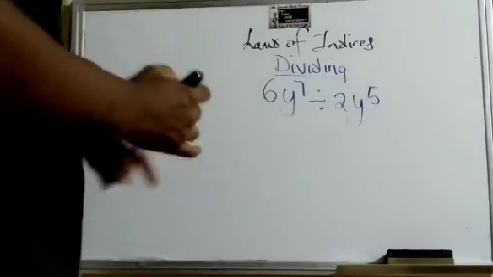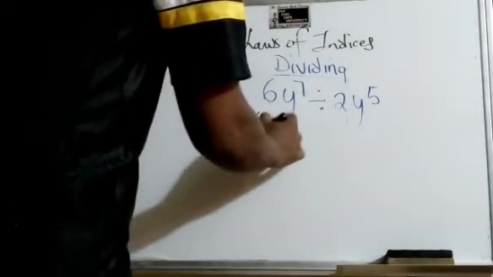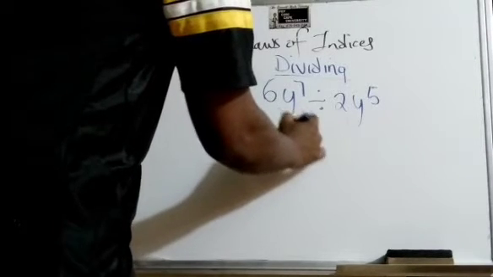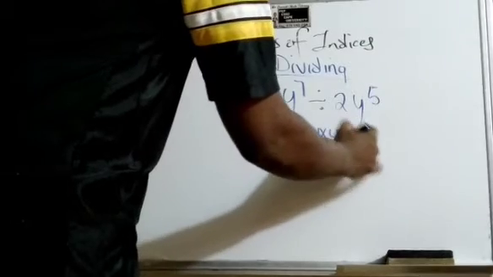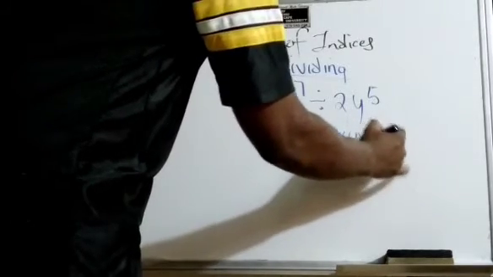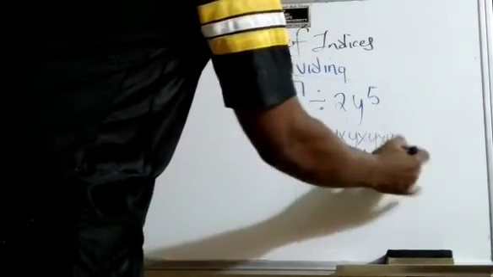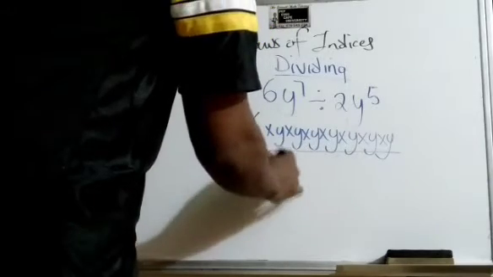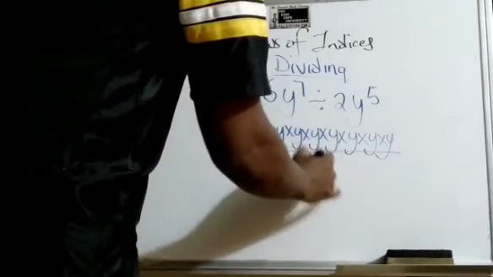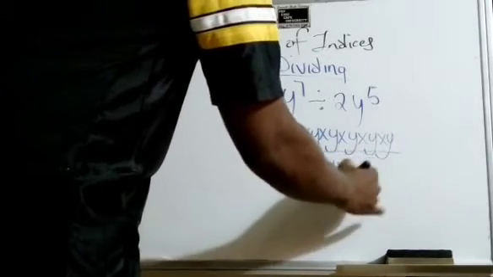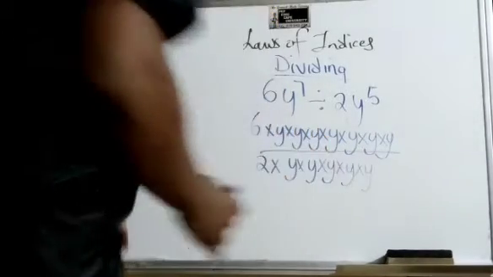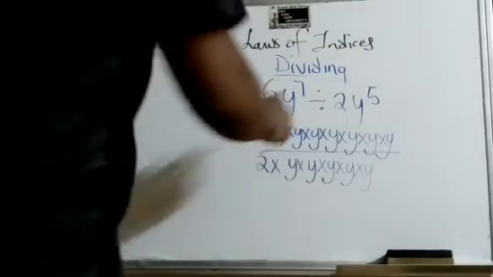Now as we did before, we can simply write 6 times y, 7 times y, divided by 2 times y, 5 times. So we can see the pattern already.